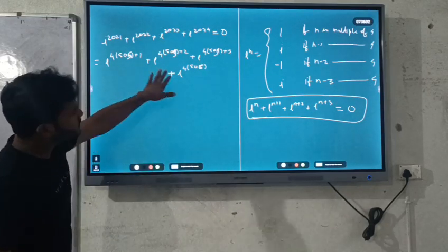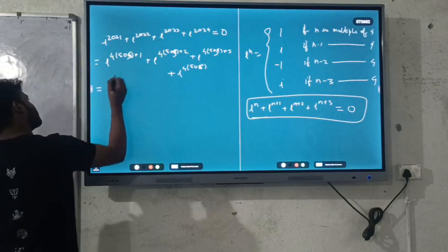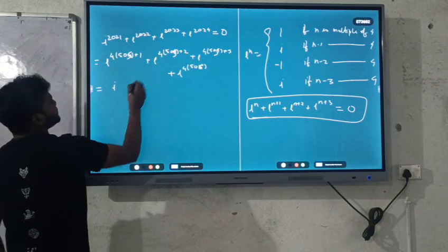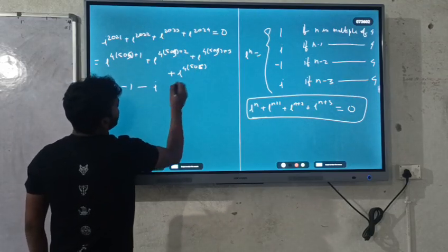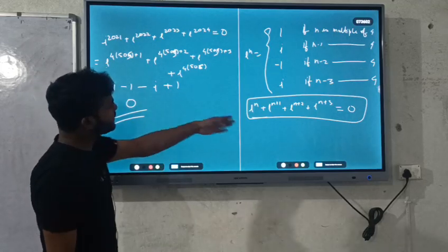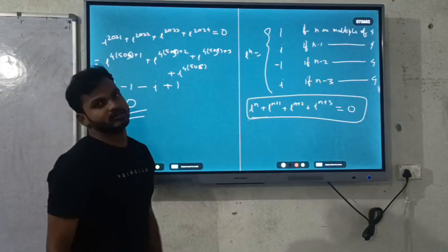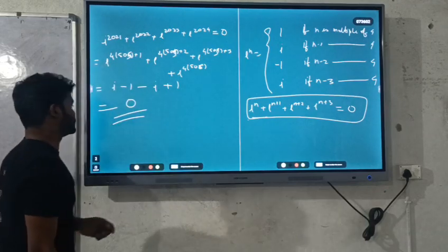Now we can see this in a simpler form, and by our previous result we know that this value is i, this value is minus 1, this value is minus i, and this value is 1. So we get the value 0. This is just a verification of that result, that when we take 4 consecutive powers, we get the value 0.